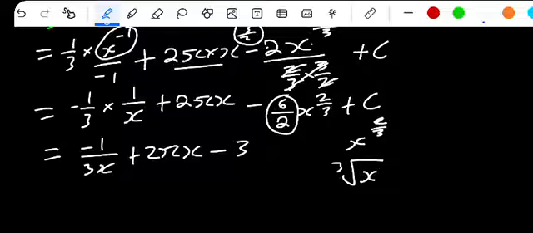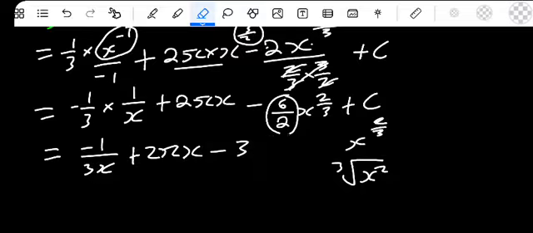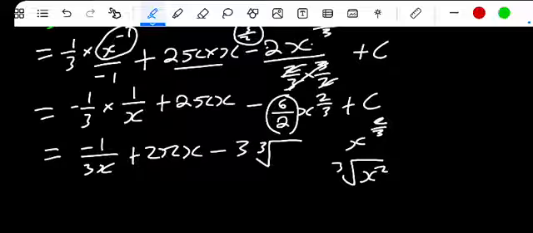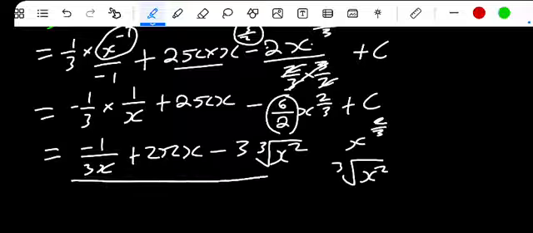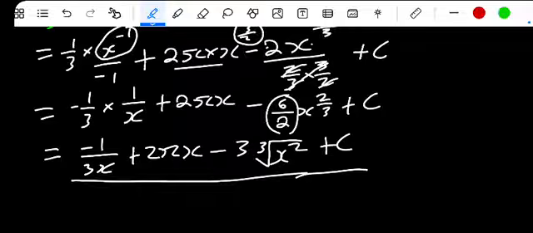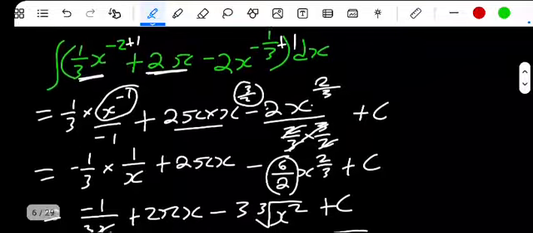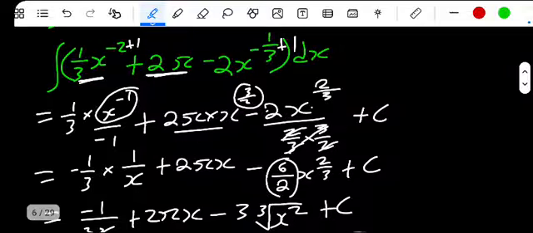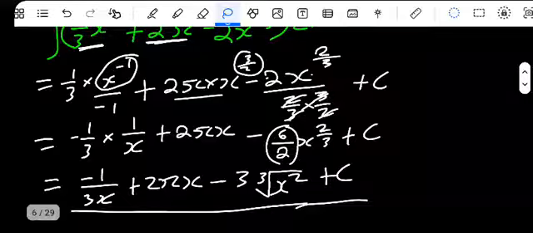Of x cubed raised to the power of squared, like this. So we have minus the cube root of x squared. So that is it. We have plus some constant c. This is what we'll have.